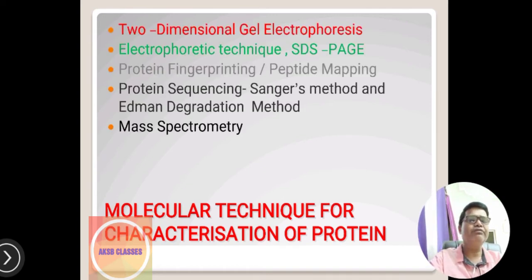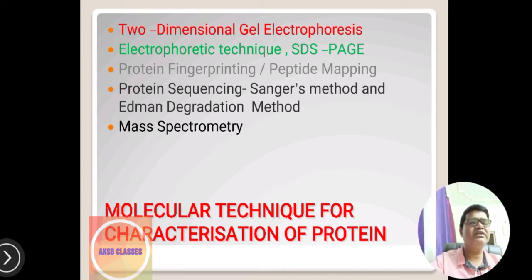So the first technique is 2D gel electrophoresis. Second technique is SDS-PAGE, and the third technique is peptide mapping or protein fingerprinting. The next technique is protein sequencing.